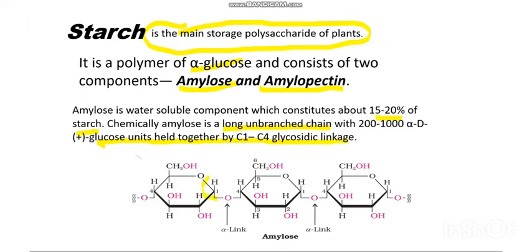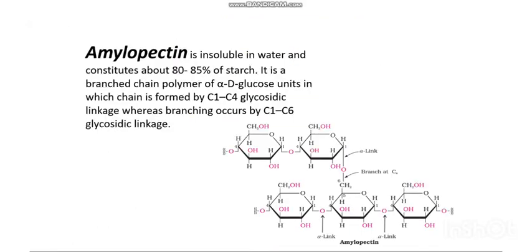Whereas amylopectin, which constitutes about 80 to 85% of starch, is a branched chain, and the branching occurs at carbon 1 and carbon 6 glycosidic linkage. Also, there is glycosidic linkage between carbon 1 and carbon 4 over here, but the branching occurs at carbon 1 and carbon 6 in amylopectin.